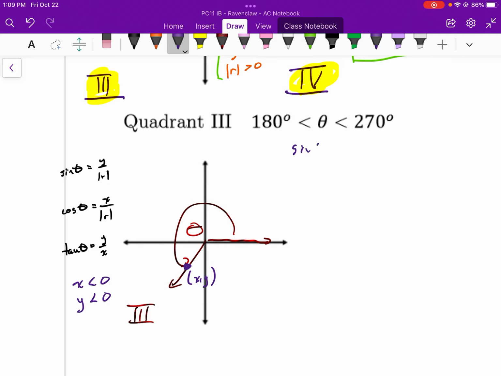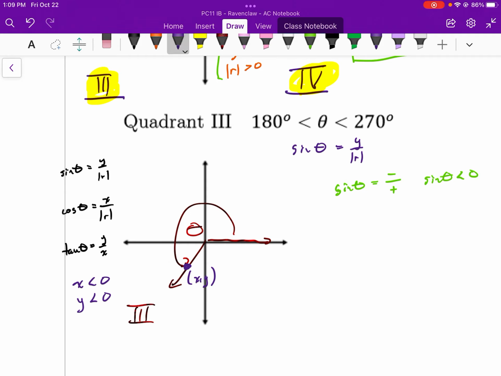So the sine theta is equal to my y coordinate divided by my radius vector r. So sine theta is going to be a negative divided by a positive. Y is negative, radius vector r is positive. So we can conclude that sine theta is negative.